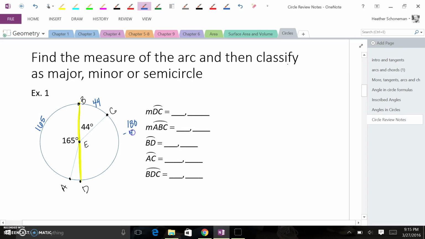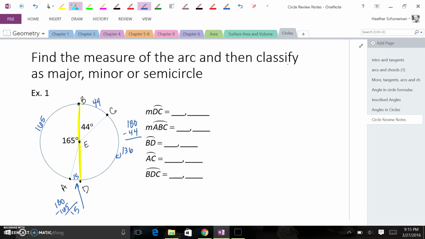So 180 minus 44 would give us 136. So this is 136 right here. On this side, we can do 180 minus 165, and we get 15. So this arc here is 15.